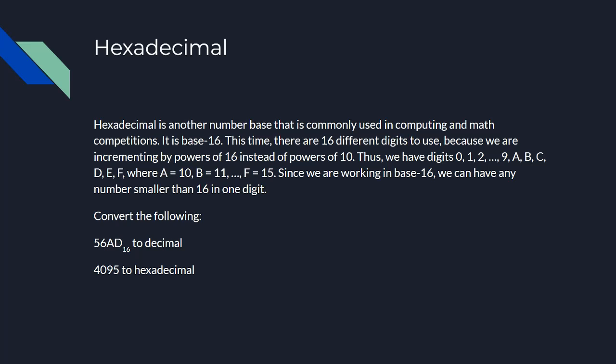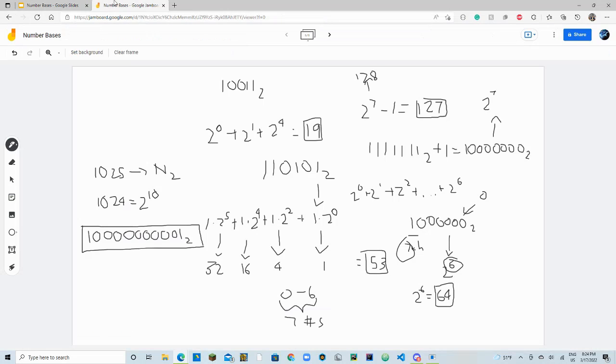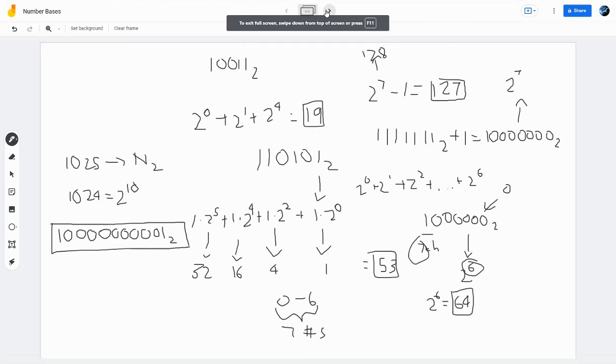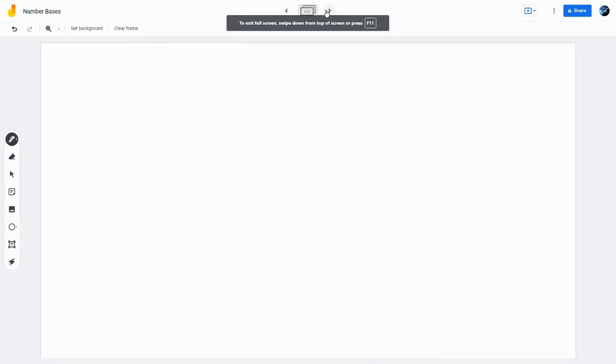So since we're working in base 16, we can have any number smaller than 16 in a single digit. So I'll give you 5 seconds to compute the following. Okay, let me just make a new sheet there.